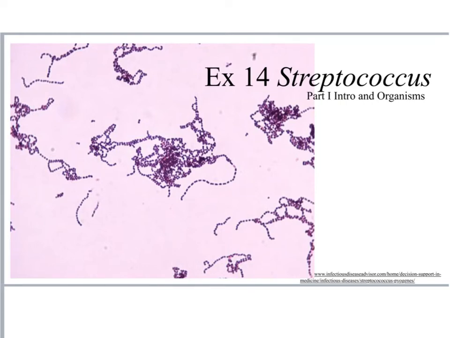Okay, things get a little bit more complicated for us in exercises 14 and 15 here because we have 5 different streptococcus that we're trying to distinguish between. Like the staphylococcus, streptococcus are gram-positive, as you can see by their purple color in this gram stain.